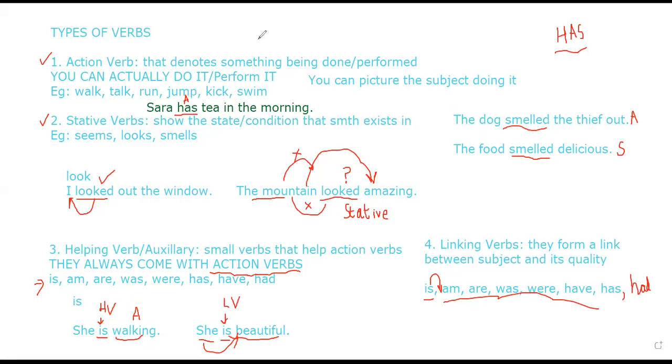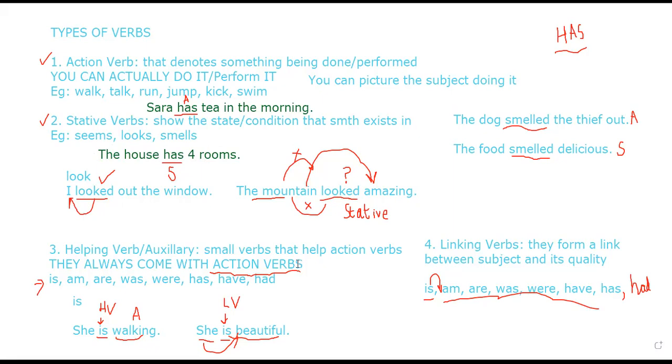Similarly, if I say that the house has 4 rooms. Now, is the house performing the action has? No. The house just has 4 rooms. So has over here is a stative verb, right? It's just showing the state of the house.